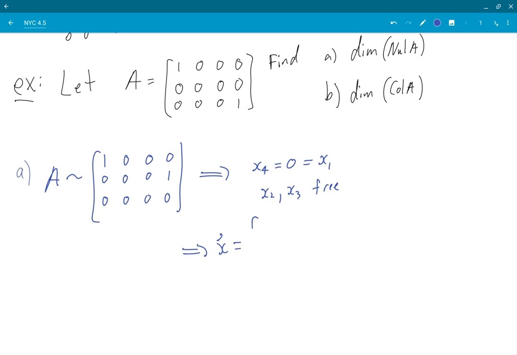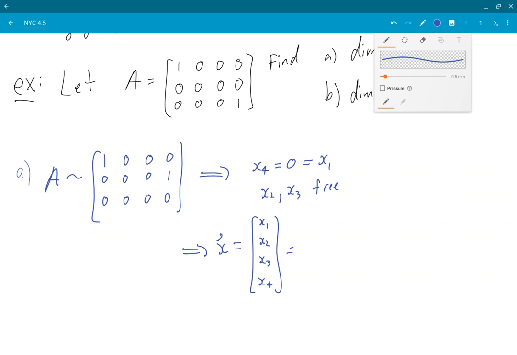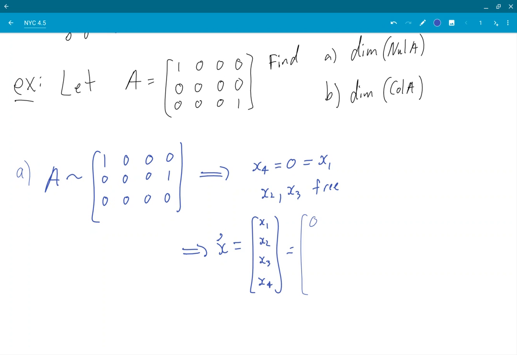So the typical vector x in my null space looks like x1, x2, x3, x4, which is 0 for x1, 0 for x4, and x2 and x3 I leave alone.